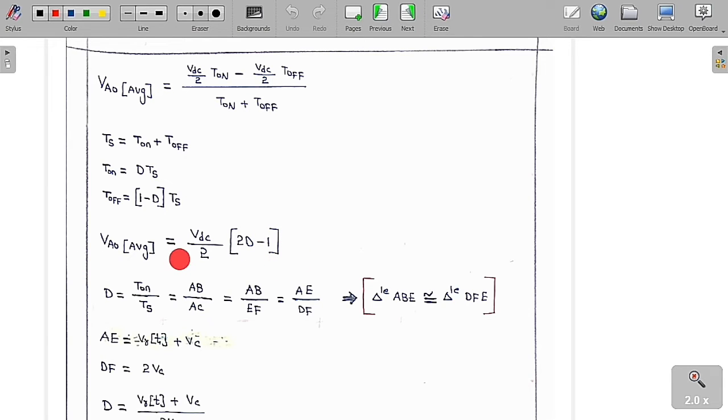This is the average value of the output signal in that section only, which is VDC by 2 into 2D minus 1. D is nothing but T on by Ts, the duty ratio. T on is nearly equal to AB, whereas Ts is nearly equal to AC.